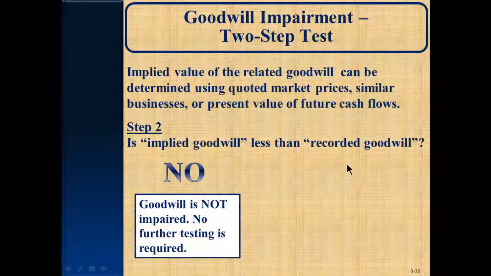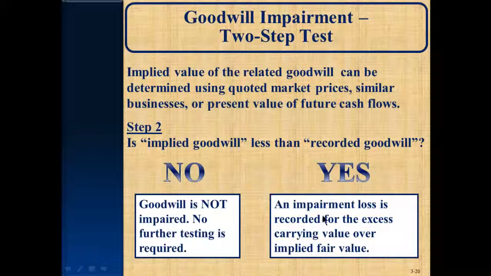And if it's no, then you're done. No loss to record. If that answer is yes, then you do have an impairment loss, and it's recorded for the excess of the carrying value over the implied fair value. Now, where does that loss go? In the period that it happened, it goes on the consolidated statements as a loss in that period, and now you have just adjusted your carrying value of goodwill.